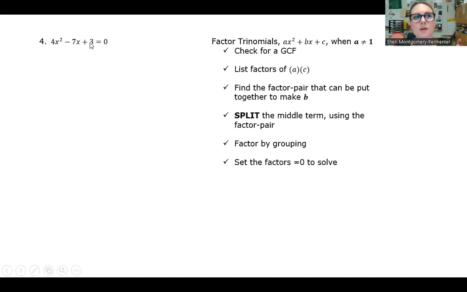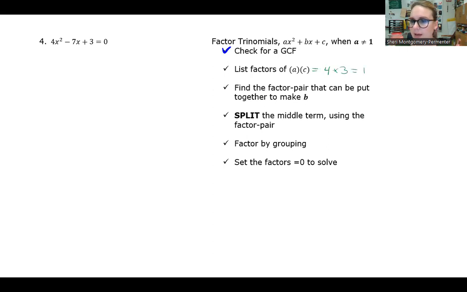The next problem, is there a GCF that I can factor out? Is there a number that divides into all these? No. Okay, factors of A times C. A is 4, and C is 3.